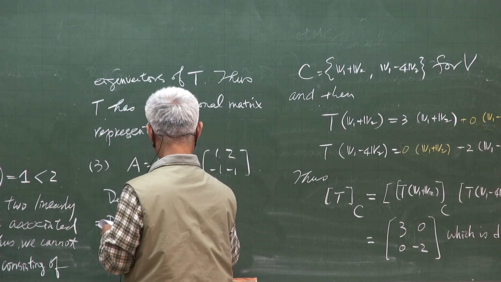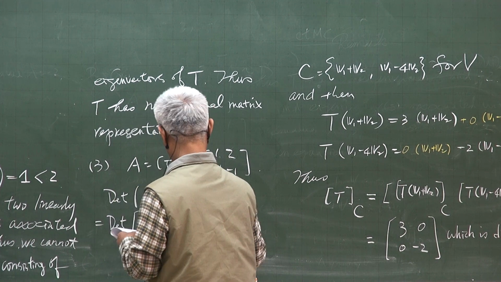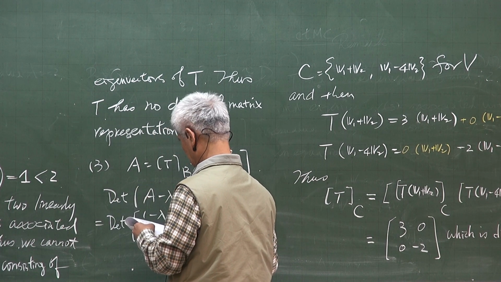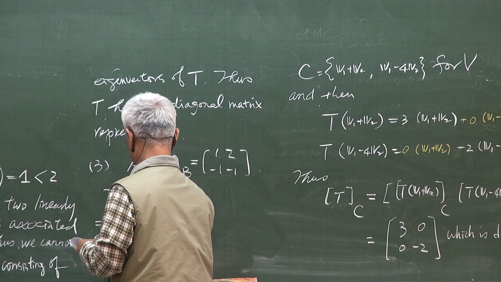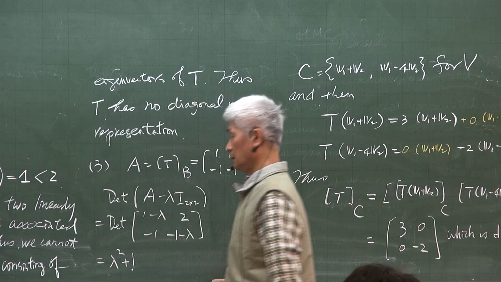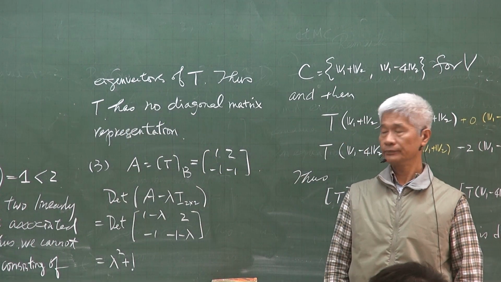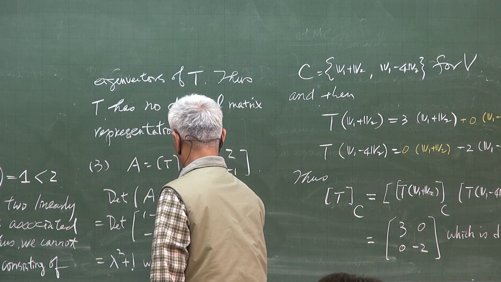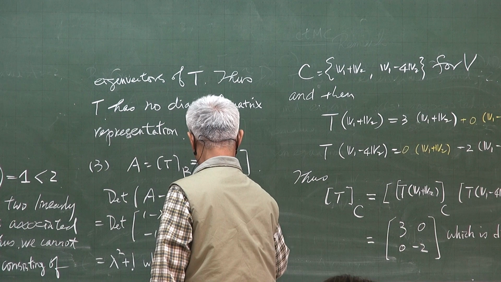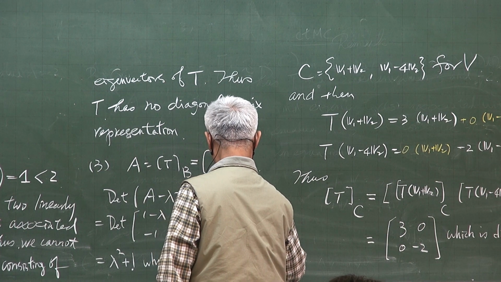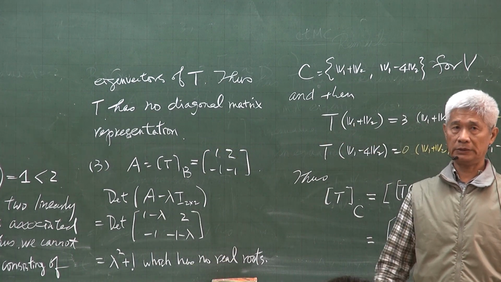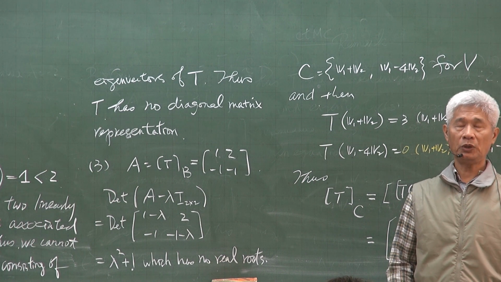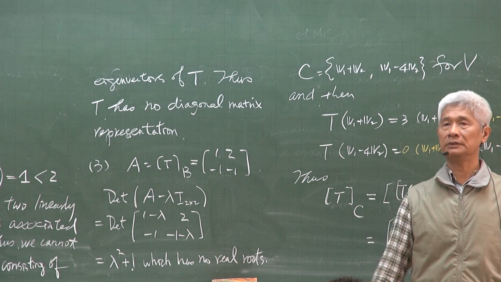Okay. And this is lambda squared plus 1. Wow. Which has no real root. Right? No real root. So we don't have any real eigenvalue.